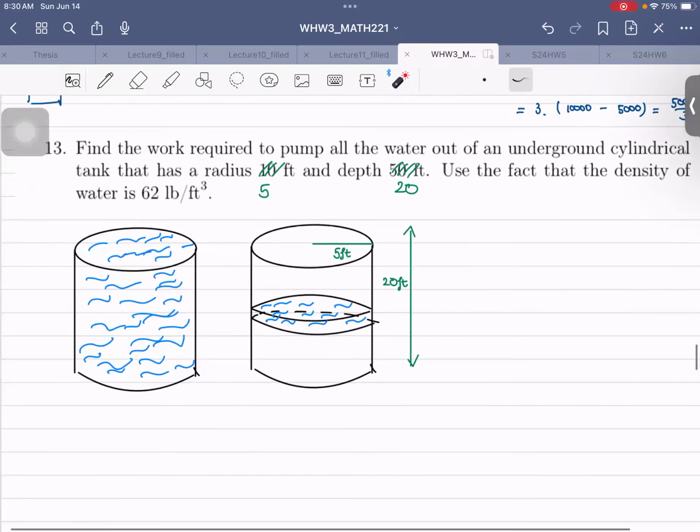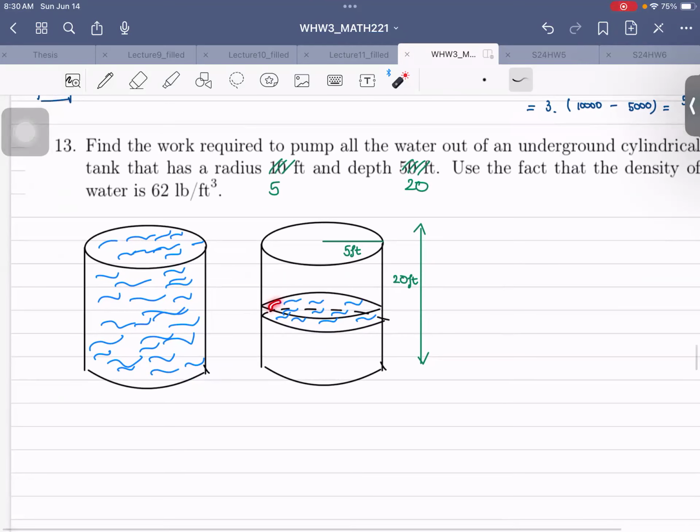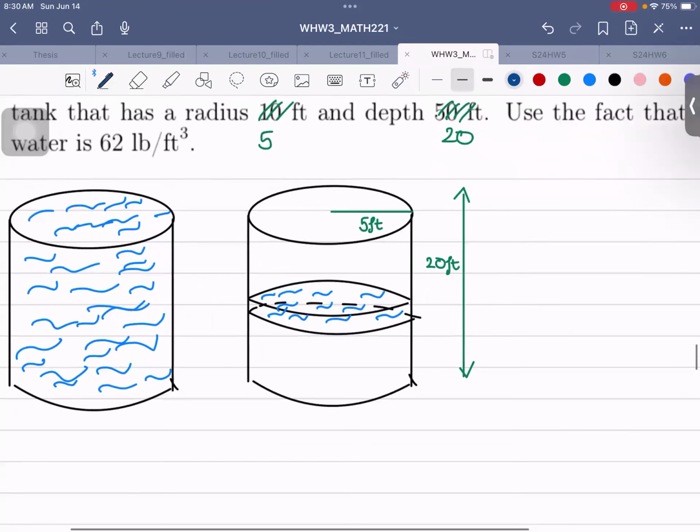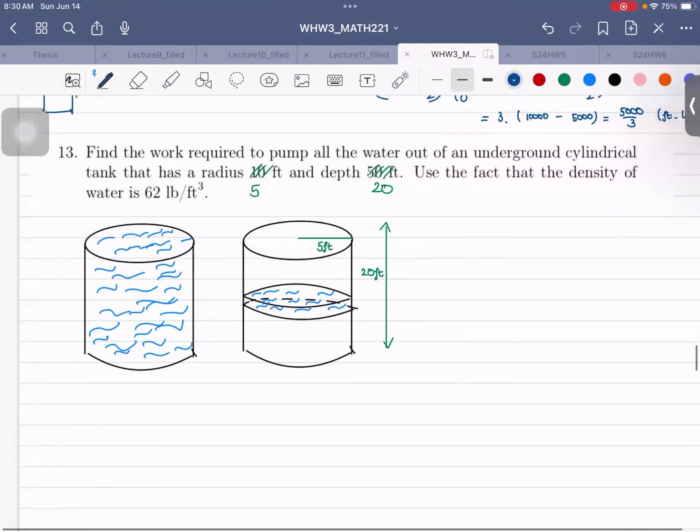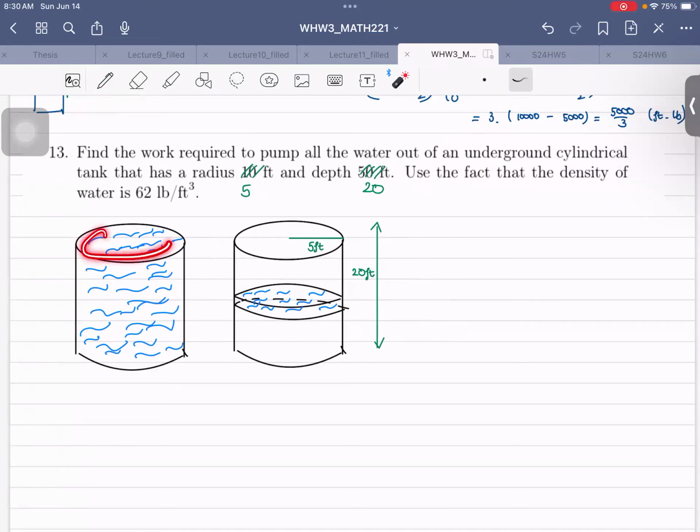So we're going to use the ideas of discretization. For the water on the top of the tank, you don't have to spend a lot of work, because you can take the water on the top out of the tank really easily.